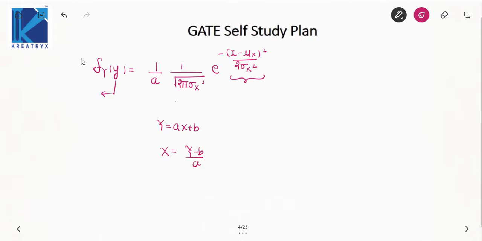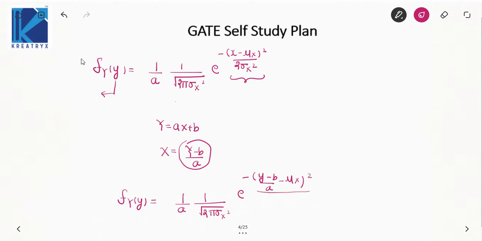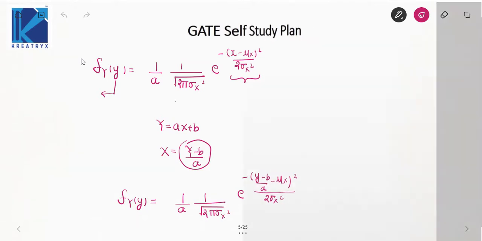So wherever we are seeing x, we'll replace it by y minus b by a. So it will become fy of y equal to 1 by a, 1 upon root 2 pi sigma x square e power minus y minus b by a minus mu x whole square, divided by 2 sigma x square. Let us rearrange few terms.